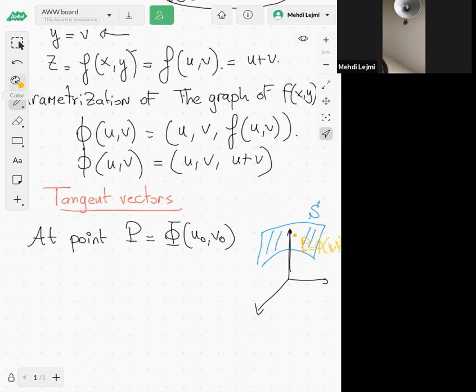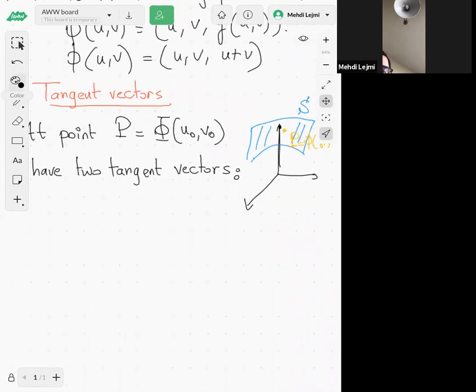So we have this point P, and we said that at the point P we have two tangent vectors, two special tangent vectors. So the first tangent vector is just the derivative of phi with respect to u.